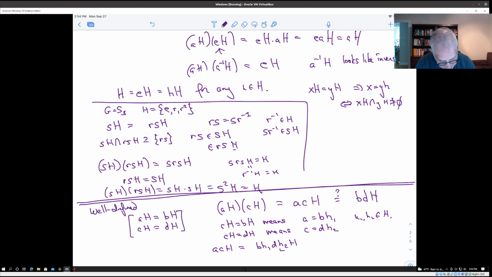And H2H is just H again, because if you multiply H by an element of H, you get the same coset. So this is BH1DH. And now we're sort of in trouble, at least at first glance, because this H here is kind of in the way, and we don't want it there.